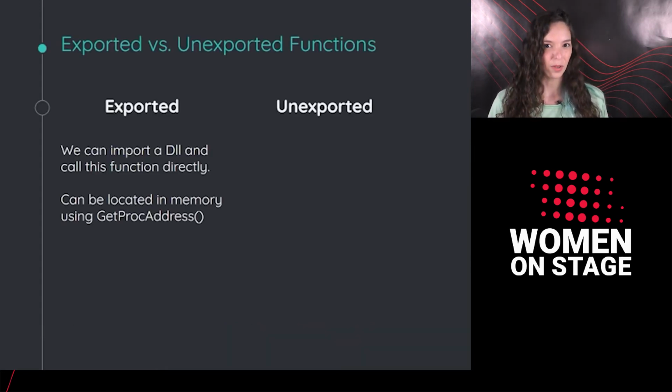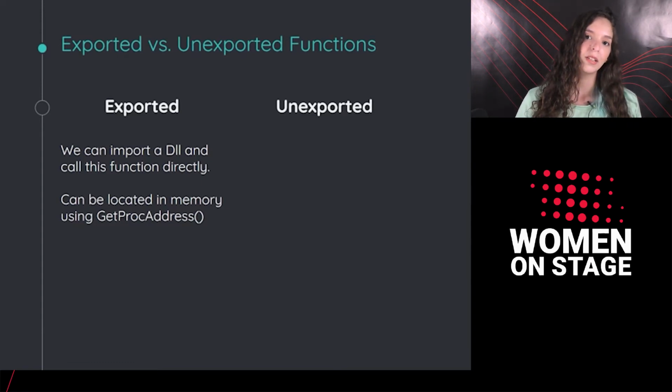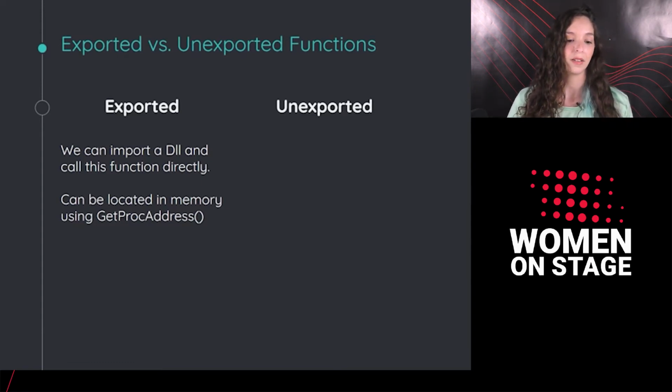And why is it so hard to find it anyway? While we can use exported functions, either by statically importing its DLL and calling it from our code, or dynamically using the WinAPI function GetProcAddress, with unexported functions we can't.